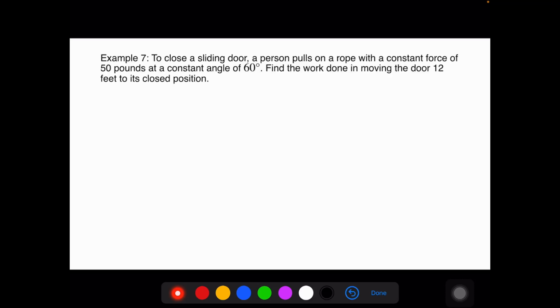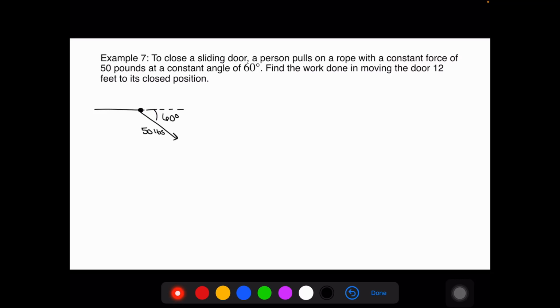So here's an example. To close a sliding door, a person pulls on a rope with a constant force of 50 pounds at a constant angle of 60 degrees. Find the work done in moving the door 12 feet to its closed position. So here's kind of a picture of what's happening.